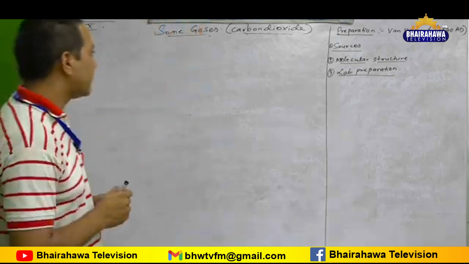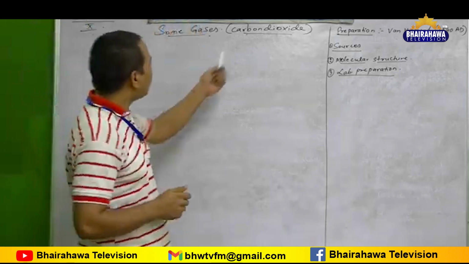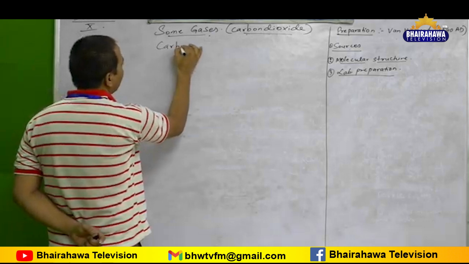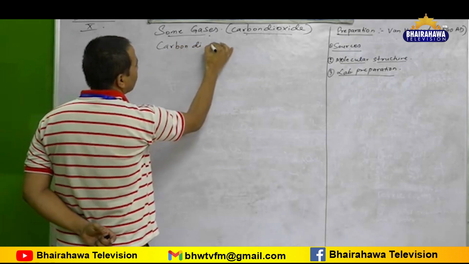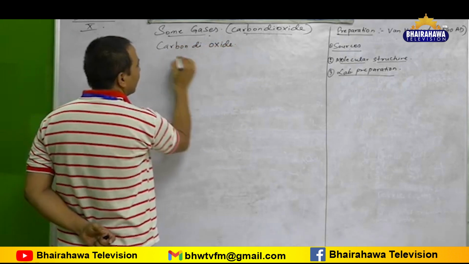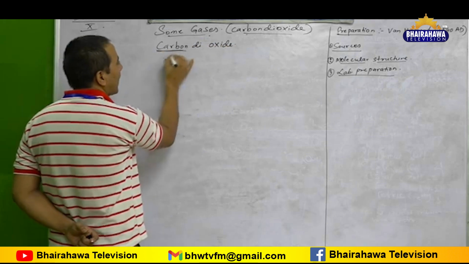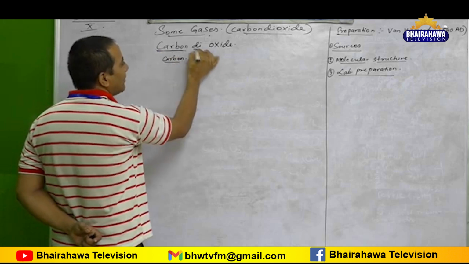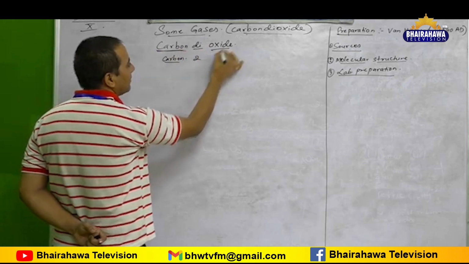The word carbon dioxide means carbon dioxide. That means carbon; di means two and oxide means oxygen.